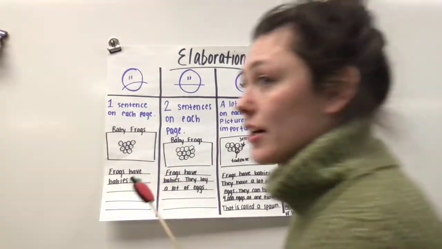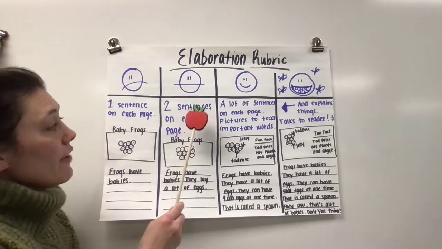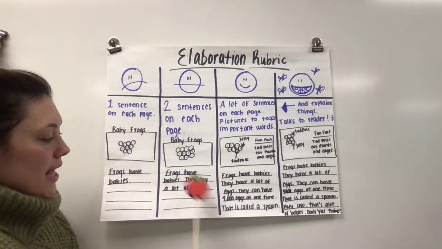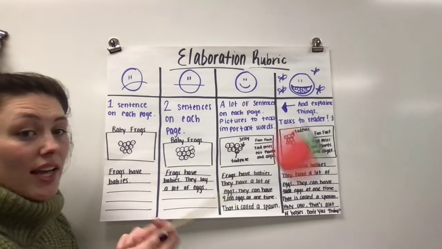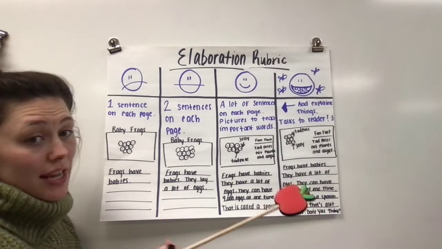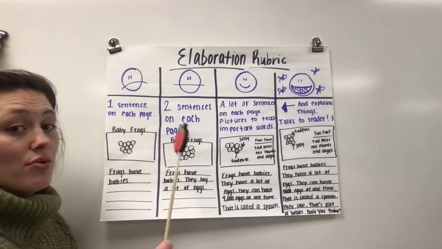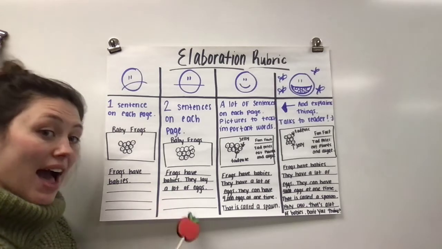That's not very good, and you do not want to practice writing like that. If you have 2 sentences on each page, frogs have babies, they lay a lot of eggs, it's okay, but not really. You want to be better than okay, because you know that I know that all of you can write more than 2 sentences describing a fact.